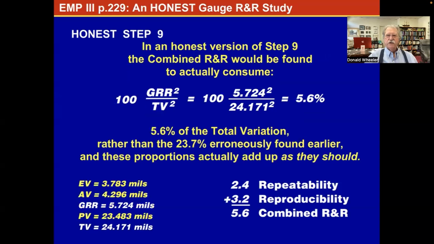In an honest version of step 9, the combined R&R would be found to actually consume 5.6% of the total variation, rather than the 24% erroneously found earlier. And if we note the repeatability 2.4% plus the reproducibility 3.2% adds up to the combined R&R of 5.6%. Duh.